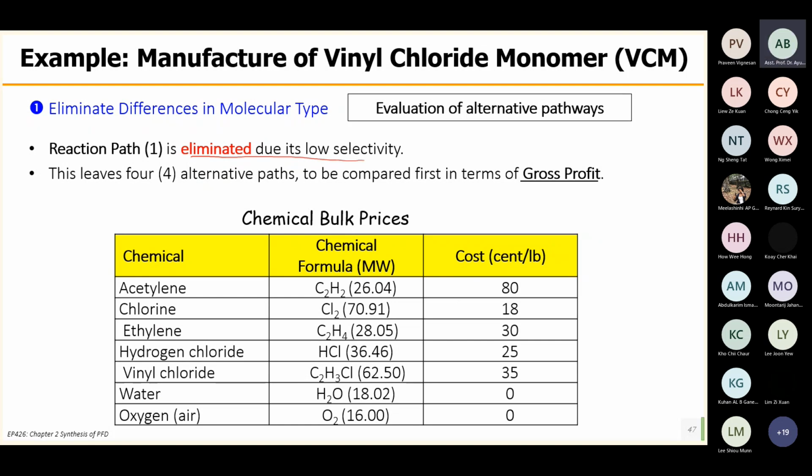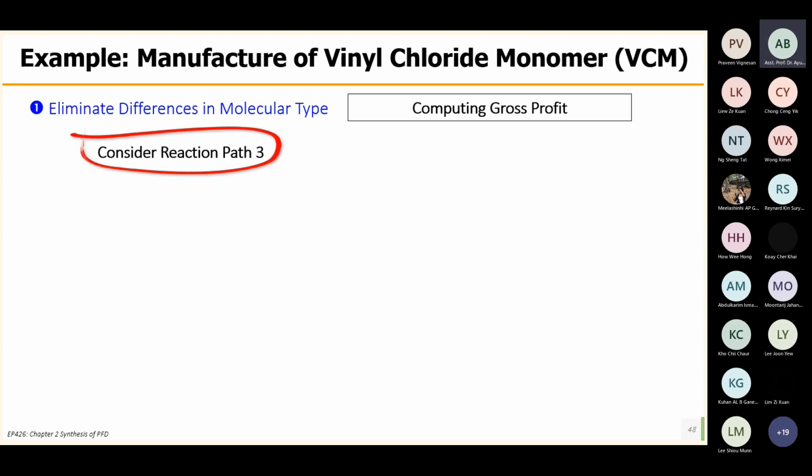Okay, for reaction 2, it involves ethylene, acetylene and HCl. So each process involves specific chemicals. So we go.